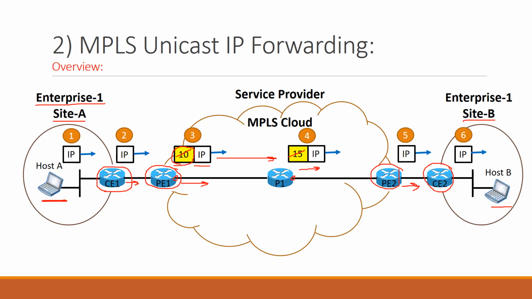Once CE2 receives the unlabeled packet, normally it will check the destination IP address, compare it to the IP routing table, make a routing decision, and forward the unlabeled packet, the normal packet, out of this interface to host B. Actually, this is an overview. More details will come in the next slides.